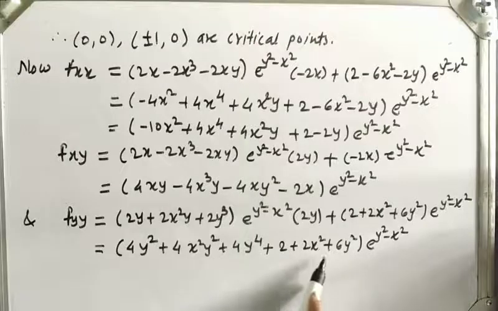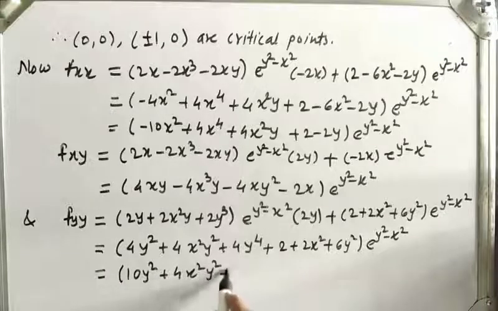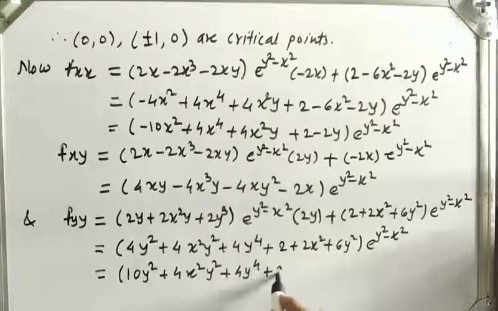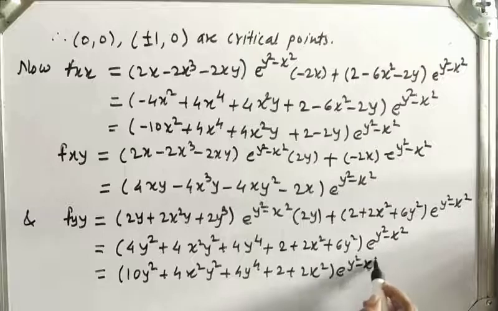Here we can add 6y² and 4y², that will be 10y². So we get (10y² + 4x²y² + 4y⁴ + 2 + 2x²) e^(y² − x²). This is our fyy.